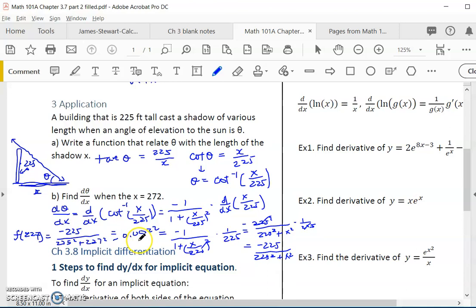So the angle in radians will be changing at negative 0.0022 radians per foot. It should be f prime. So that's how you do this question.